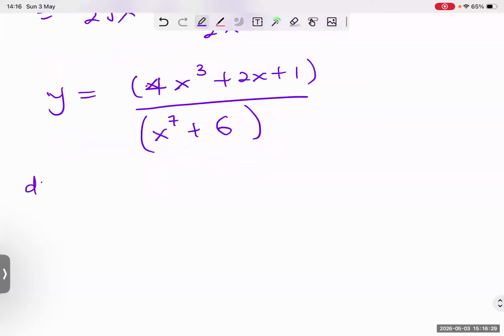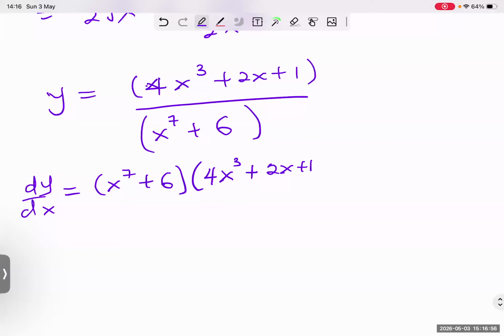And using the quotient property, we need to follow a specific order. And that specific order is to maintain the denominator as it is. Do not differentiate it. Do not multiply it by anything. So we maintain the denominator, x raised to the power 7 plus 6. And then we differentiate the numerator. So the numerator is 4x to the power 3 plus 2x plus 1.